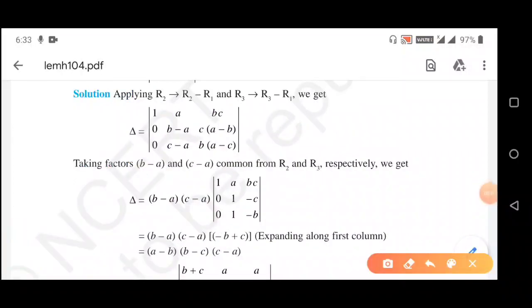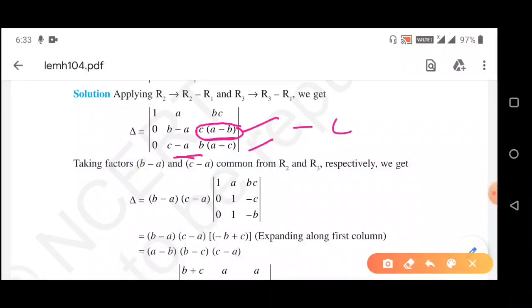Now see, from row 2 we can take this b minus a outside, because here we have a minus b. So if we take b minus a outside, then in place of this we will have minus c, and in the next row, that means in row 3, we can take out c minus a.